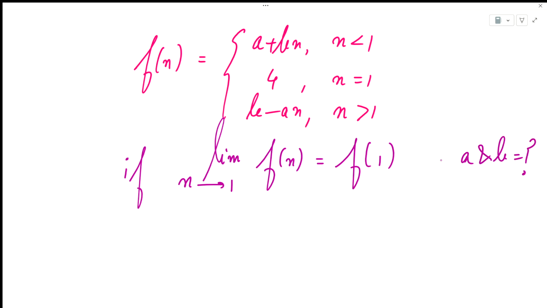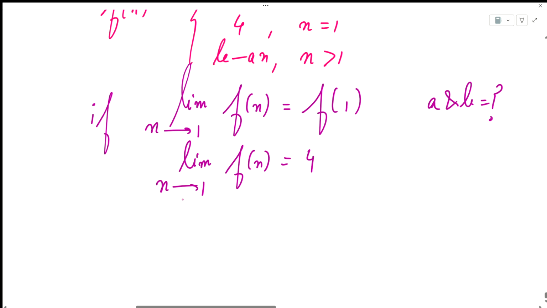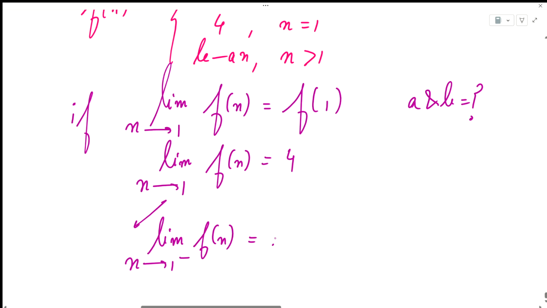So please see, limit x tends to 1, f of x is given to us as f of 1. What is f of 1? f of 1 is 4. Now limit x tends to 1, f of x is limit x tends to 1 minus f of x. For a limit to exist, the right hand limit and left hand limit must be equal, right?